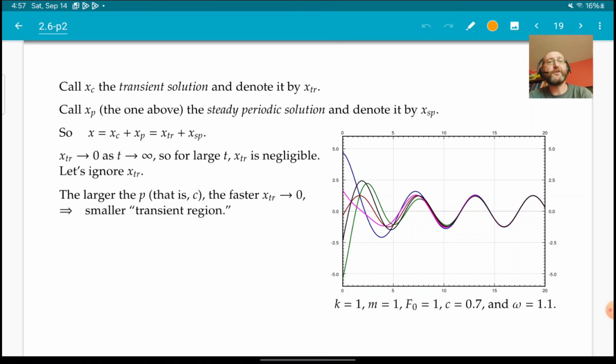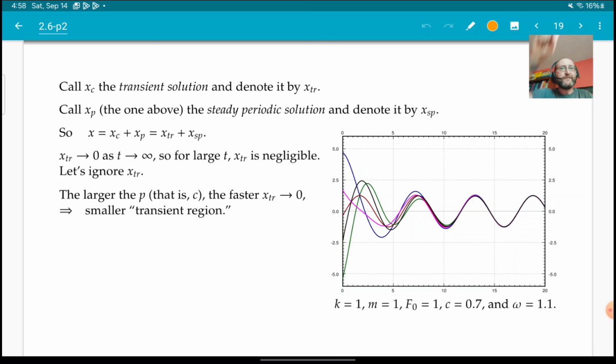All right. So let's just think about how this depends on C, on this friction that's in there, on the damping. So the larger the friction, the larger the damping, basically the more negative those exponents in the exponential, the coefficients in front of the t in e to the minus, let's say, pt.